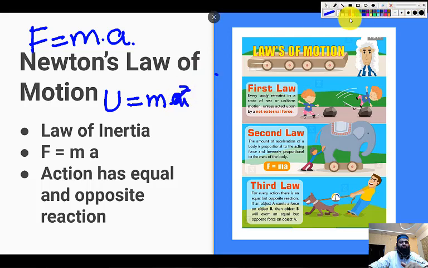Let me get the eraser. Okay, so we have mass times acceleration squared. I just defined a new quantity u, which is just mass times acceleration squared, and Newton just defined a quantity which was mass times acceleration.